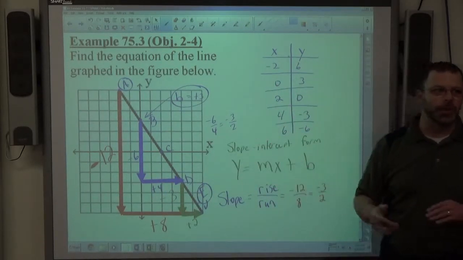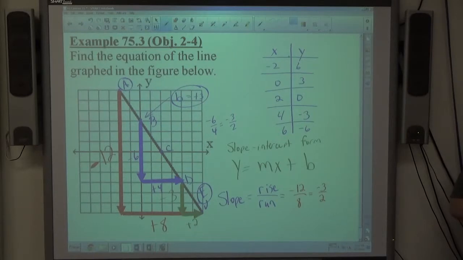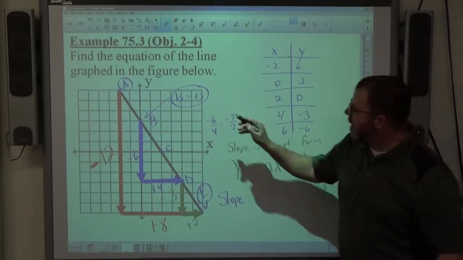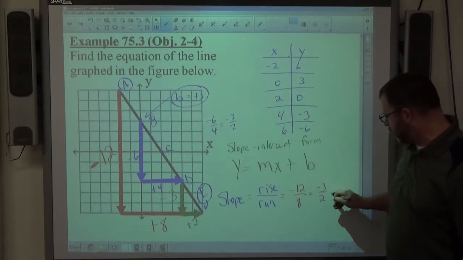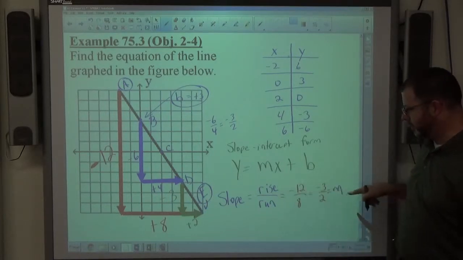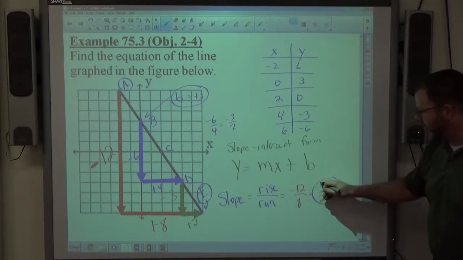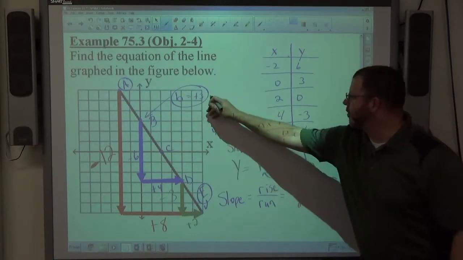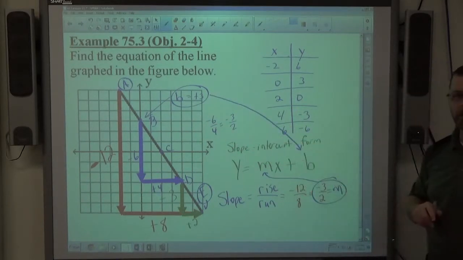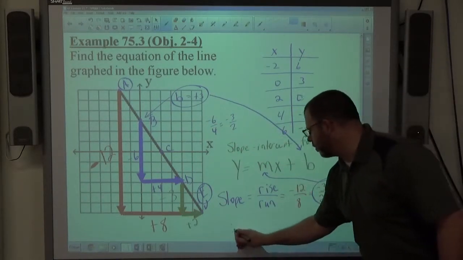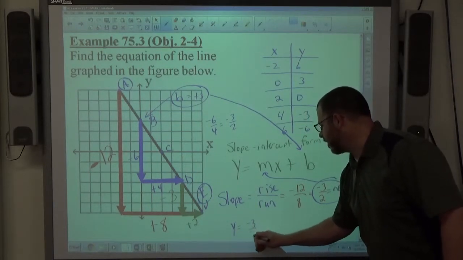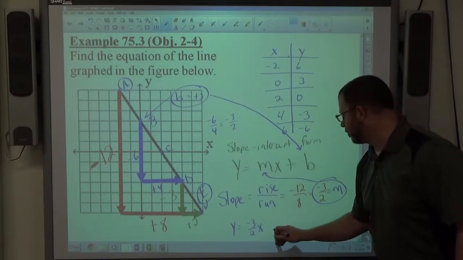Doesn't matter what point you pick, you're going to get the same slope when you reduce the fraction. So, I found B by inspection, I found slope, that's M, right? Reduce to lowest terms. I simply substitute those two numbers into this structure to get my answer. Y equals negative 3/2 x plus 3.